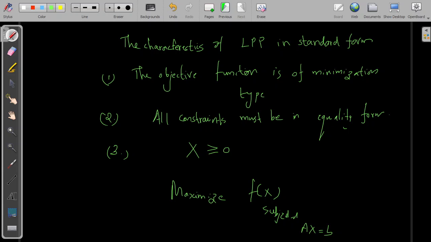In the standard form of LPP, the objective function must be a minimization problem. So you have to make it a minimization problem.